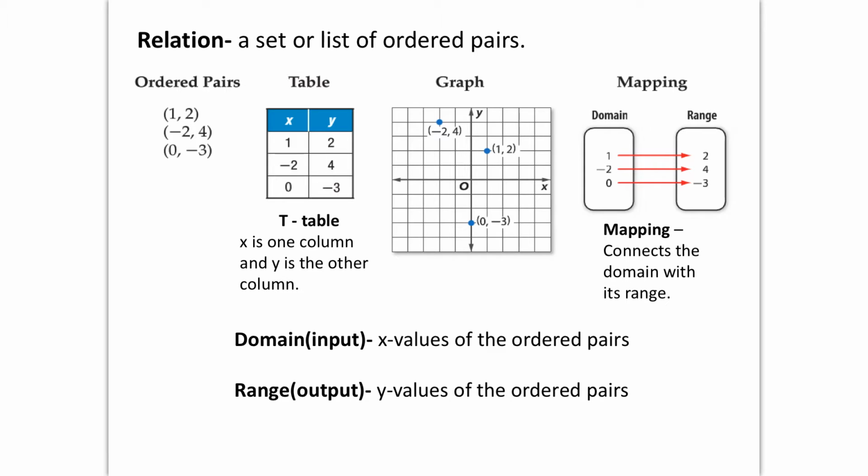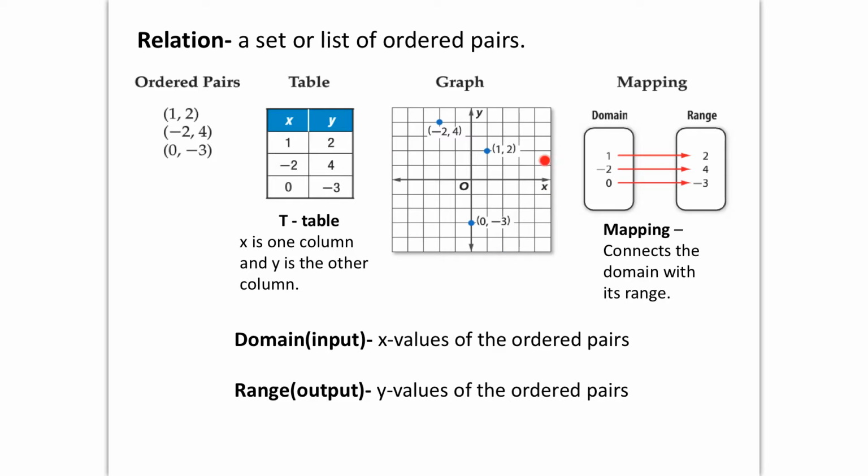You also have to understand that this x value corresponds to this y value, and this x value corresponds to this y value, and this one corresponds to this one. So when x equals 1, the y equals 2. When x equals -2, the y equals 4. When x equals 0, the y equals -3. Now those ordered pairs, you have three ordered pairs.